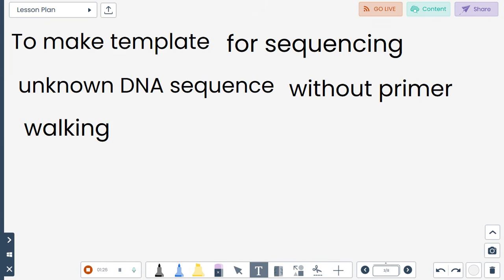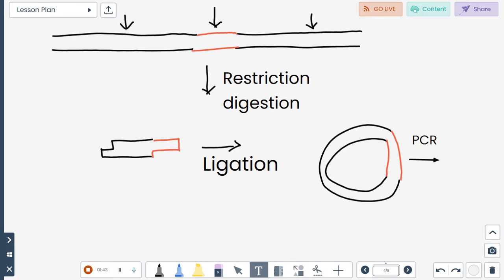But if you are using an inverse PCR, you can have one known DNA fragment, and using that known fragment, you can sequence a larger DNA fragment without primer walking. Generally, for that purpose, people will use a transposon.